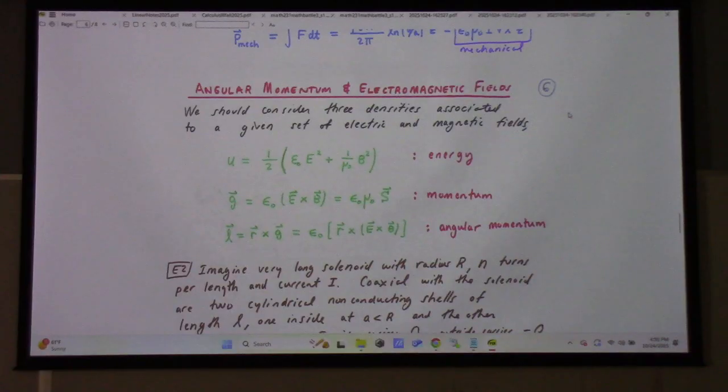So finally, this is pretty much my last example for chapter 8. He has another section on magnetic forces not doing work, but I'm not going to say much about that. Just to recap, we've got energy density, momentum density, and a newcomer here, angular momentum density, which is just r cross g.